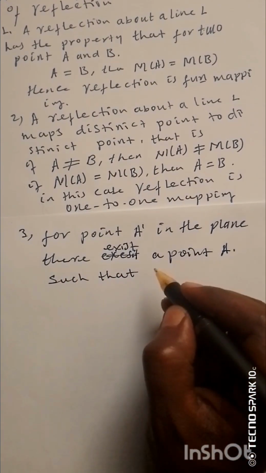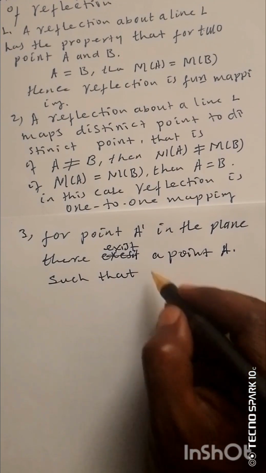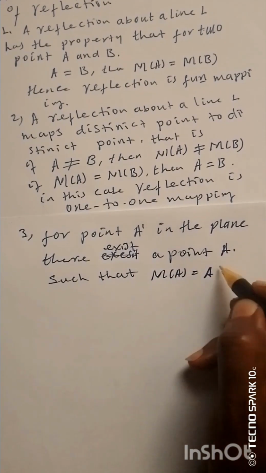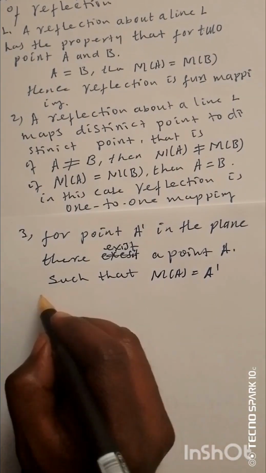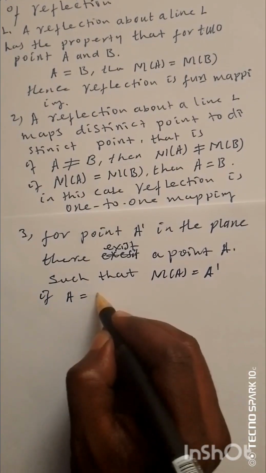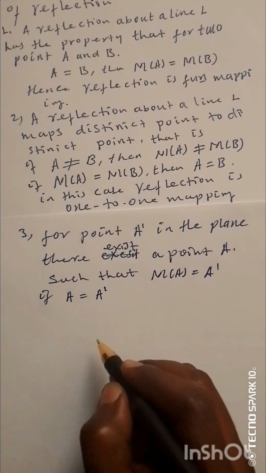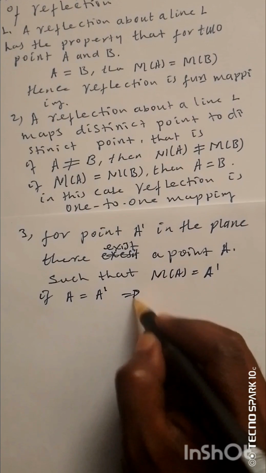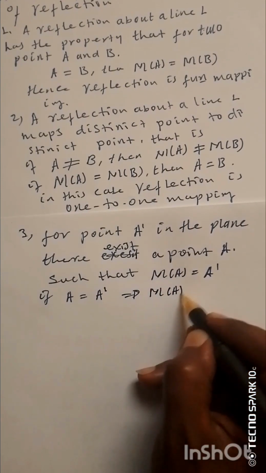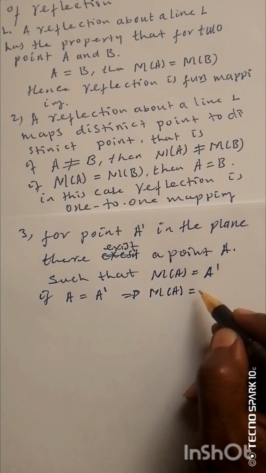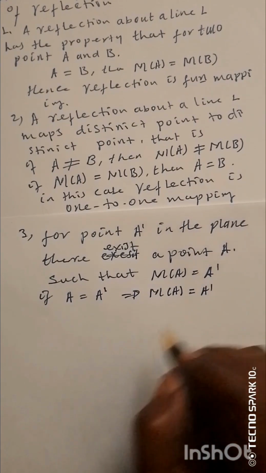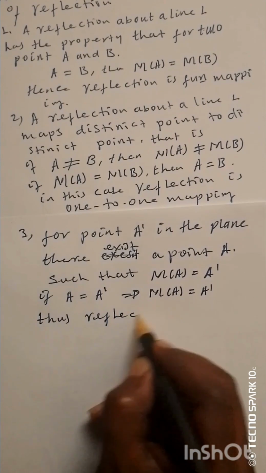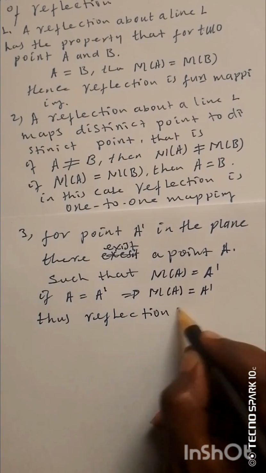If a point A prime is on L, then A is equal to A prime, which implies that the map, or image, of A is A prime.